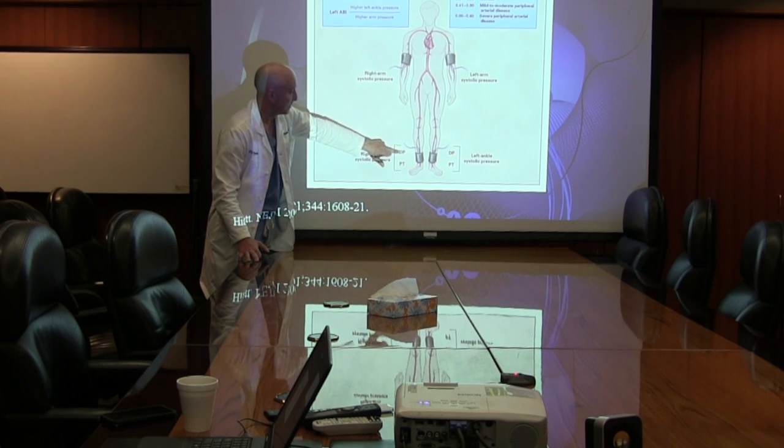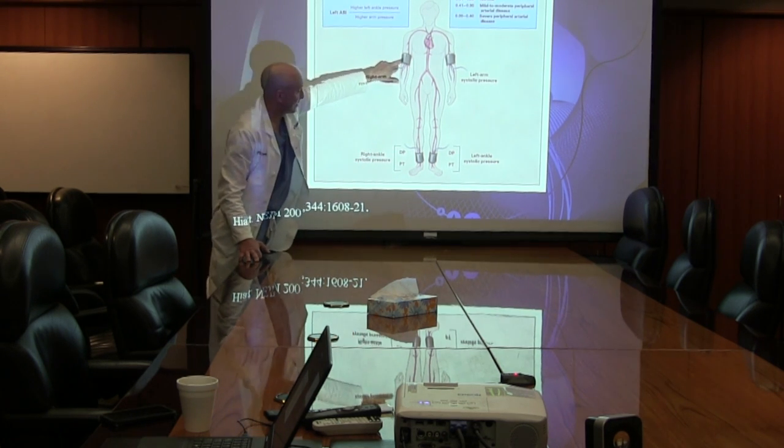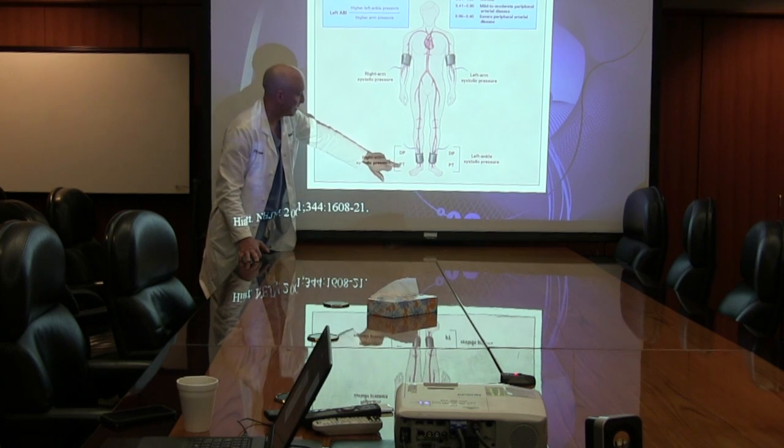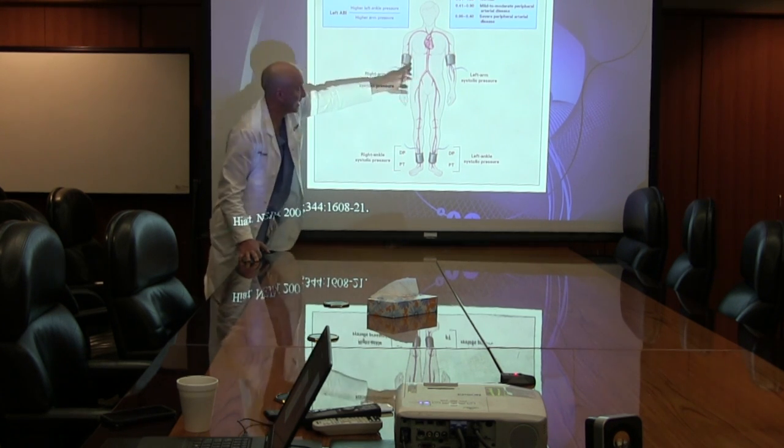The result is 100 divided by 100, or 1. If this is 100, this is 50, and this is 70, the result is 0.7. We took the highest of the posterior tibial or dorsalis pedis on the right leg compared to the highest arm.